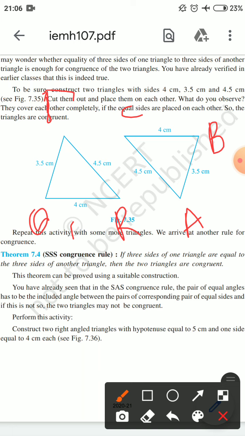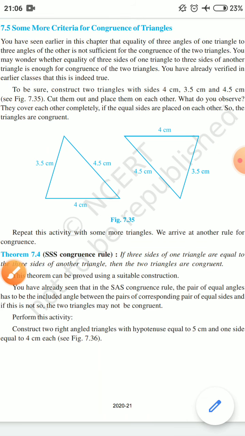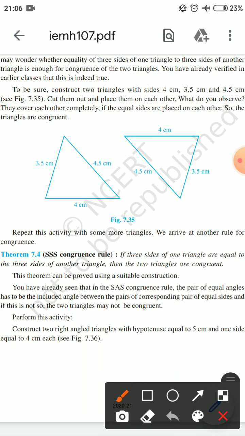Right, so you can see that three sides of two triangles are equal, so we can say that these two triangles are congruent. And by CPCT, as we discussed earlier, their corresponding parts, that is this angle will be equal to this angle, and this angle will be equal to this angle, and our third angle will be equal to this angle of the other triangle.